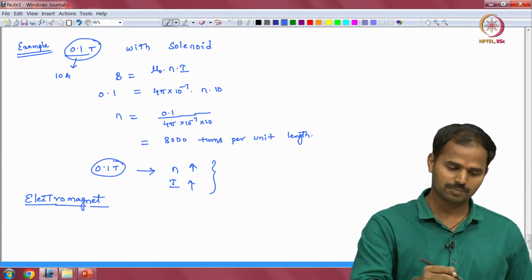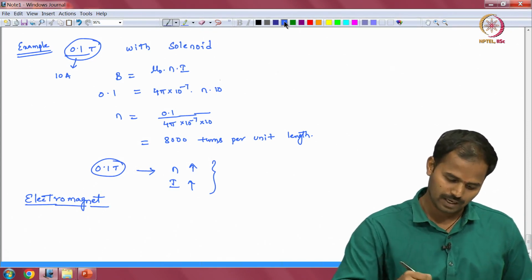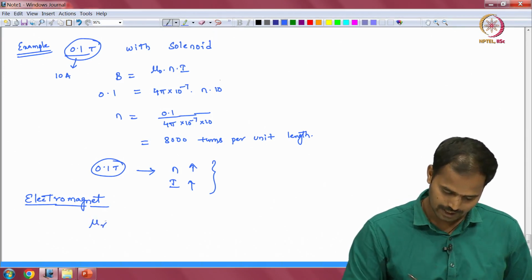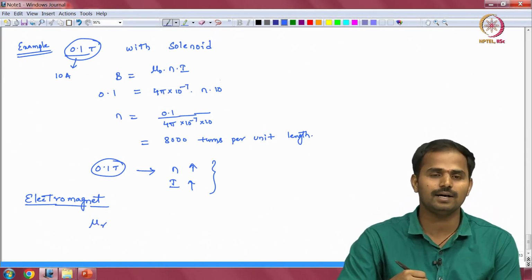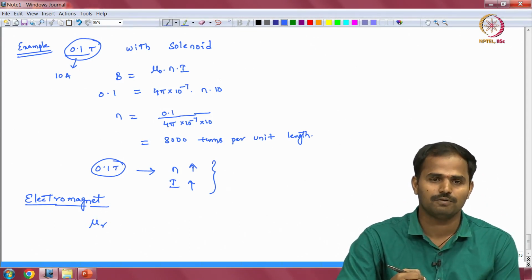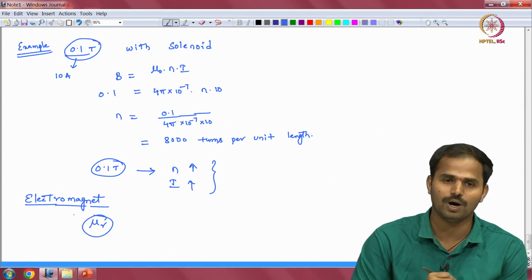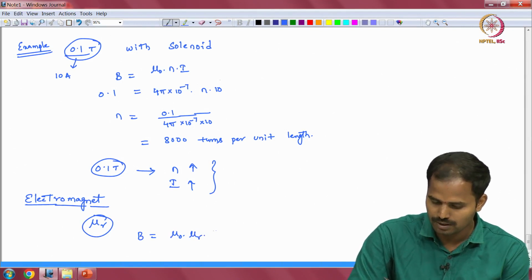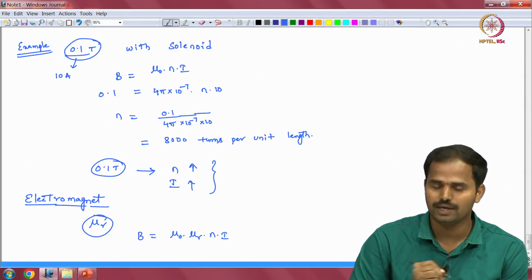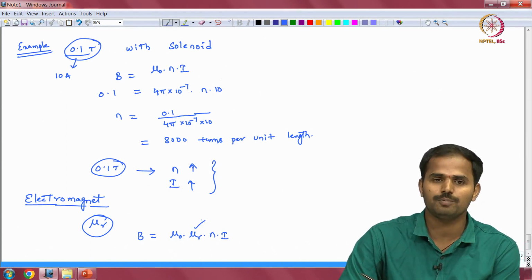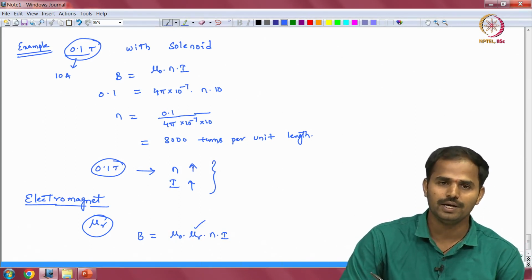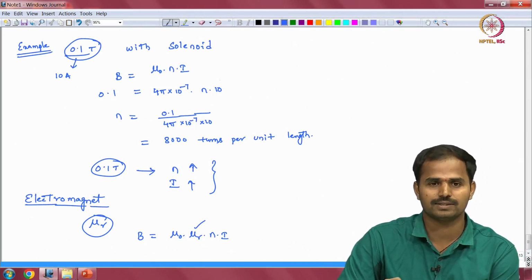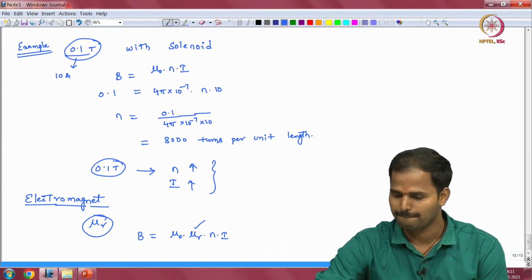What he did in a smart way is, in order to increase the magnetic flux density, he decreased the reluctance, the resistance with respect to the magnetic fields, that is mu r. So, B equals, as per Ampere's law, mu naught mu r into N into I. Here mu r is the relative permeability of the core. So, he introduced a core such that it will enhance the flux density.